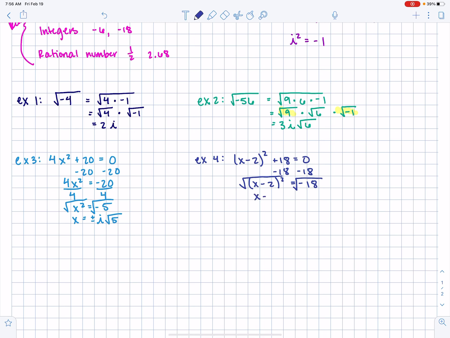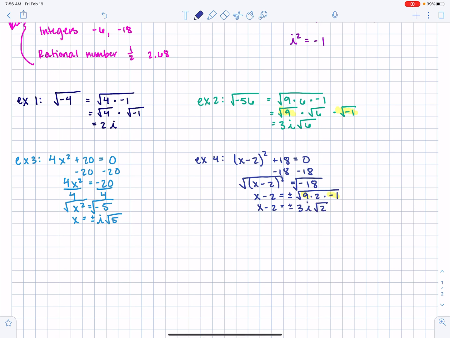We get x minus 2 is equal to plus or minus, I'm going to break this one down a little bit for us, square root of 9 times 2 times -1, and the 9 and the -1 get pulled out of that root, so we get x minus 2 is equal to plus or minus 3i square root 2.